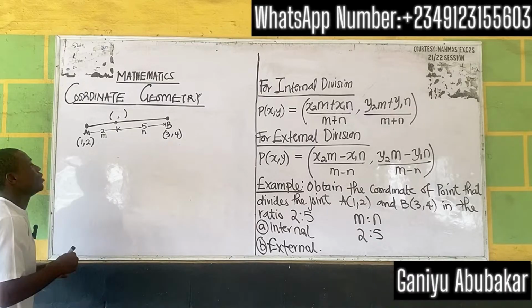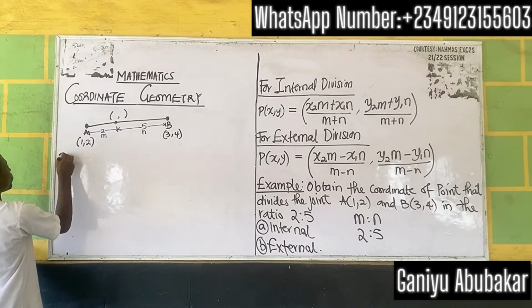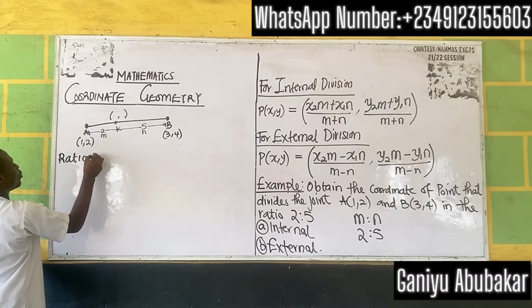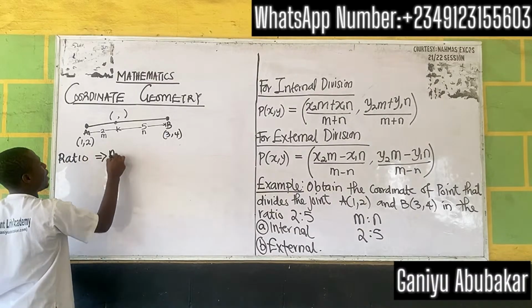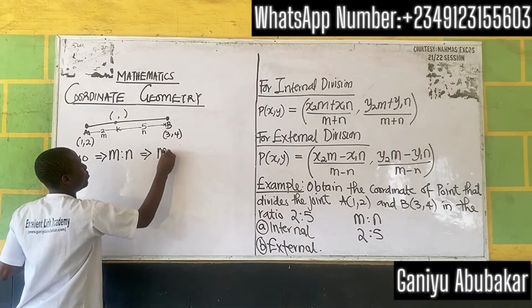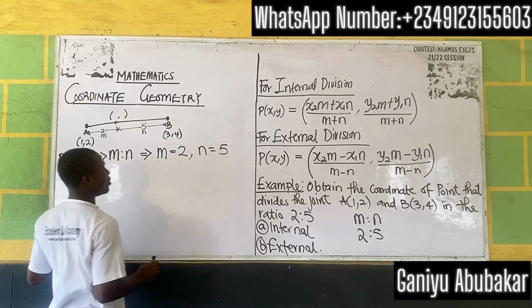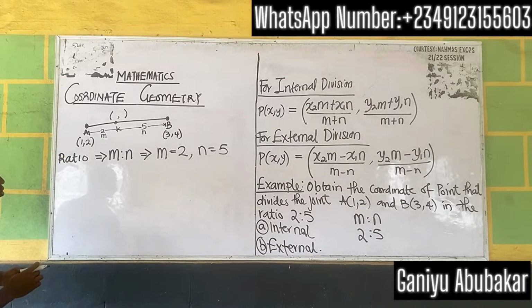First things first, identify your ratio. We have m:n. In this case, my m becomes 2, my n becomes 5.